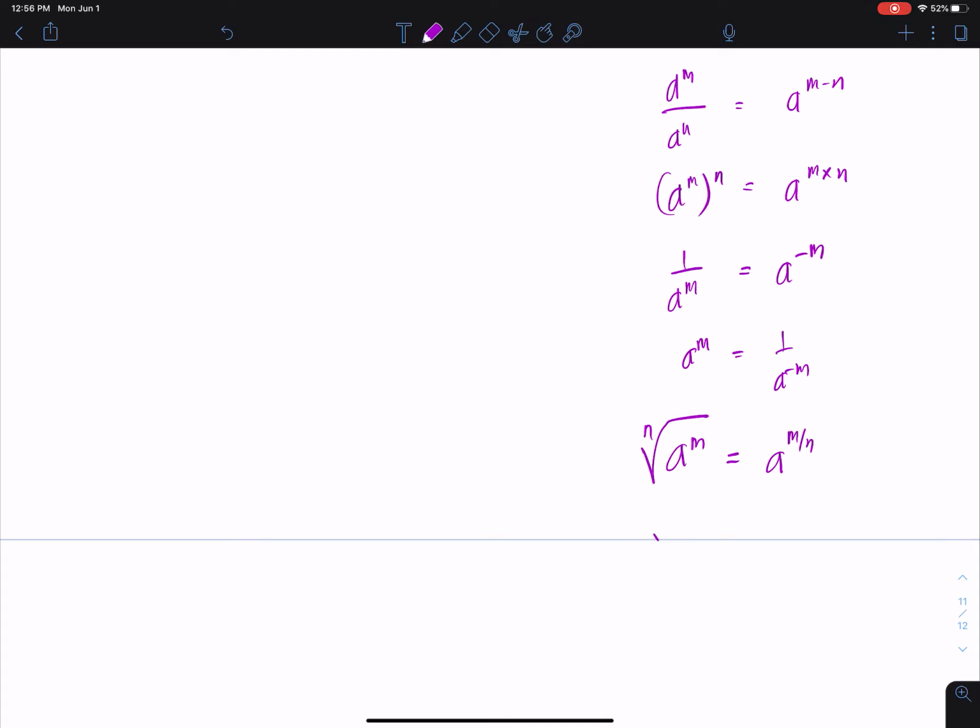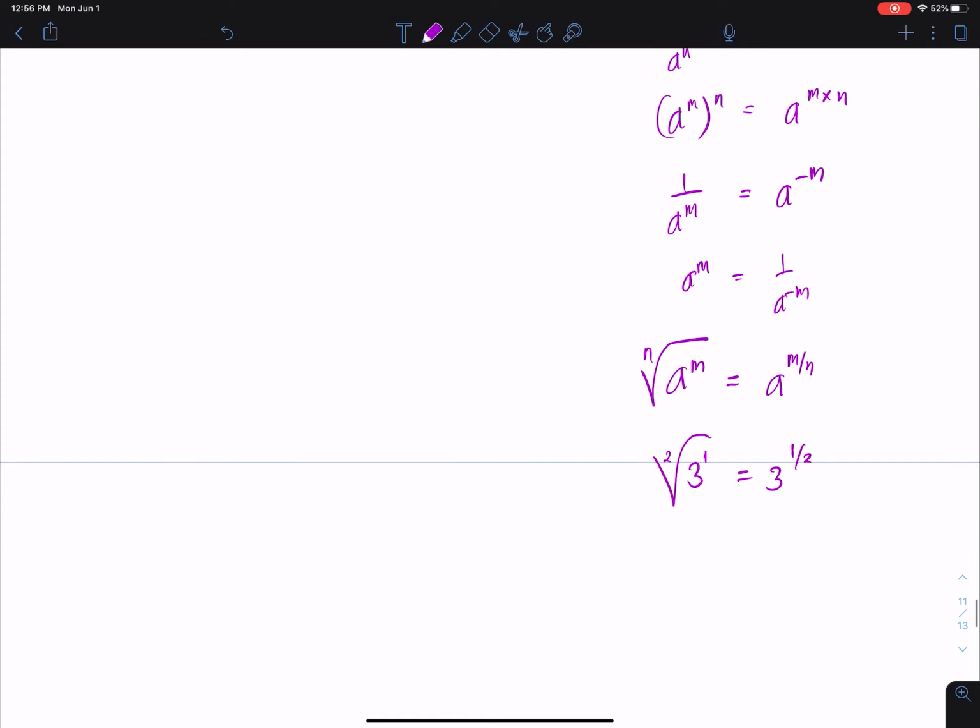So for example, if you put the square root of 3 into exponential form, that will be 3 to the power of 1 over 2. What is this power 1? Because it's not written, the root is always 2 when it's not written.